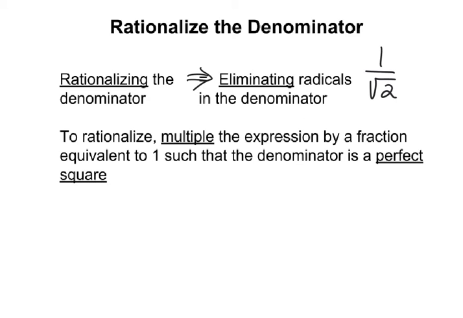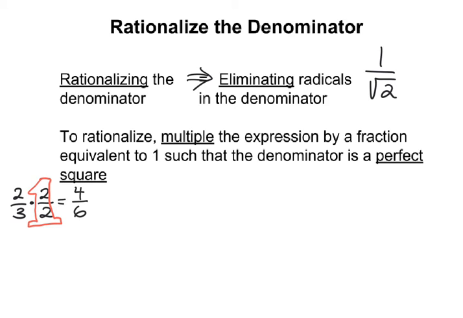When we are finding equivalent fractions, so for example, 2/3, if we wanted to find an equivalent fraction, we would multiply that by something that is equivalent to 1. An equivalent fraction to 2/3 is 4/6. And we multiplied this right here by something that was equivalent to 1.